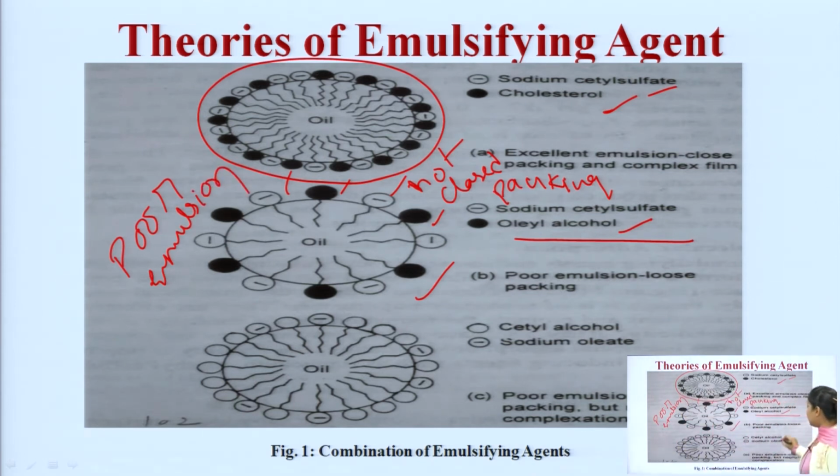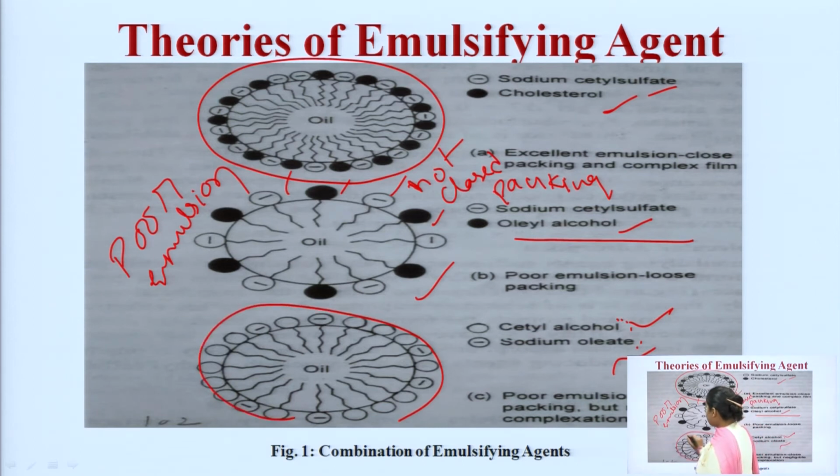Another example is cetyl alcohol and sodium oleate. In this they form a closed packing, but the complex between the two surfactants is not strong, it is negligible. Hence, again they form a poor emulsion.